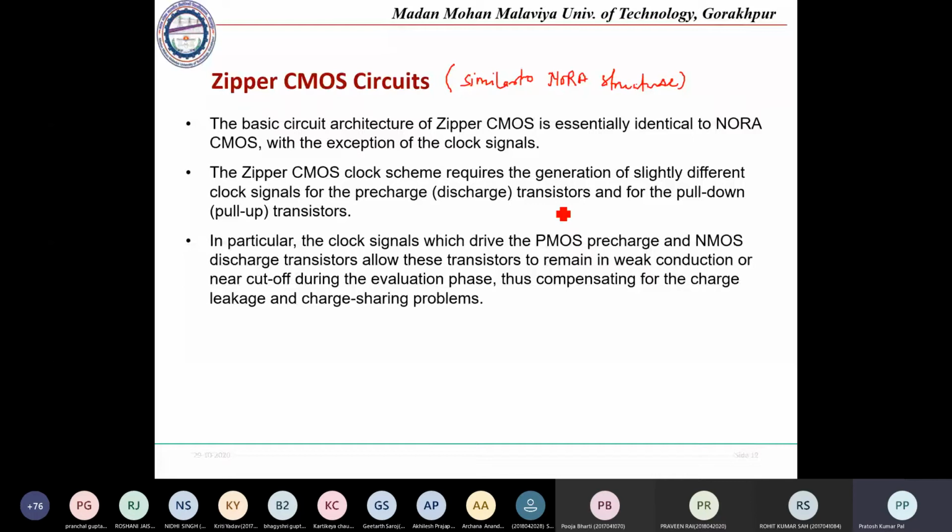So in the domino logic, it was using a single clock in all the domino stages, whatever stages there were. In the Nora logic, it was using a single clock, but in both inverting and non-inverting mode. But in Jeeper circuits, it will be using two different clocks.